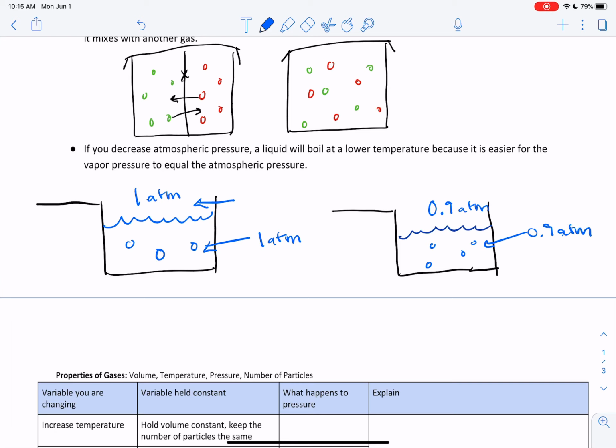That's going to be easier than 1 atmosphere, so this is going to boil at a lower temperature. So if there is lower pressure, it's going to boil at a lower temperature. If it's higher pressure, it's going to boil at a higher temperature. And that's just because it's easier for the vapor pressure to be equal to the atmospheric pressure if it's lower.